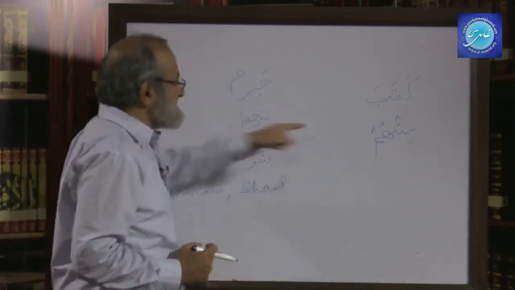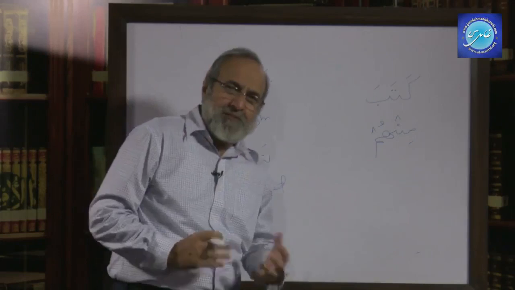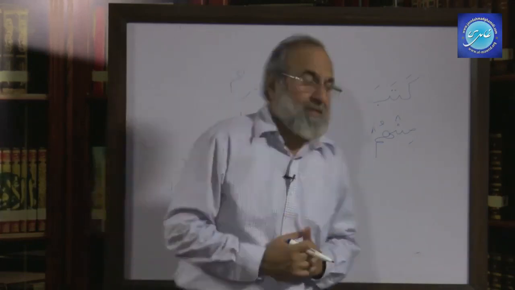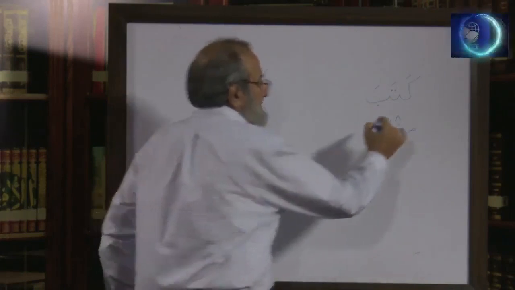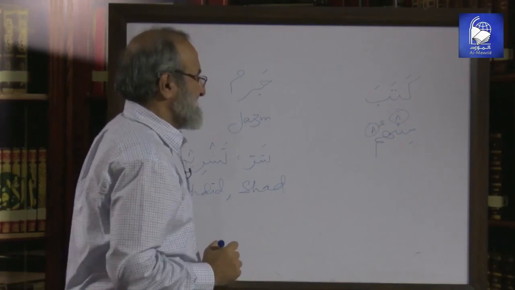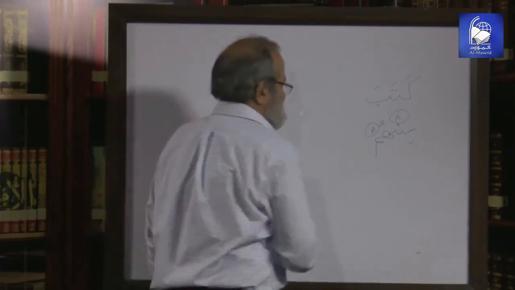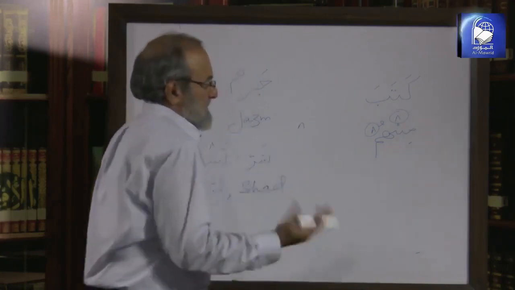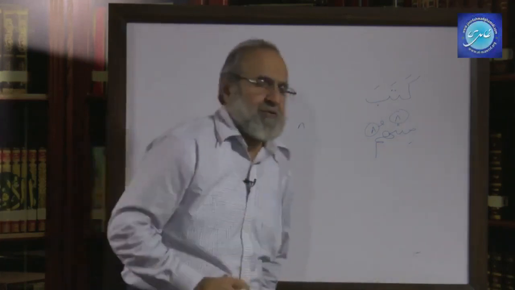So jazm tends to stop. It puts a break. That is one aspect. That is jazm, which obviously has a symbol that needs to be remembered. Like all other symbols, this is a symbol of jazm. It's written like this, and obviously some variation of it.